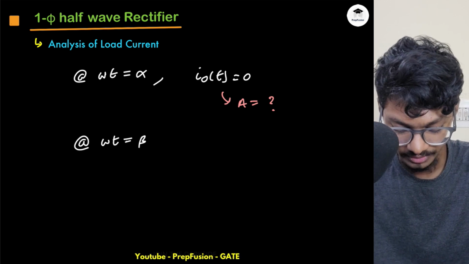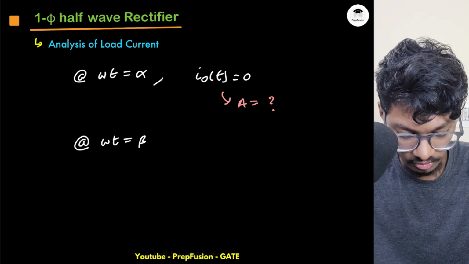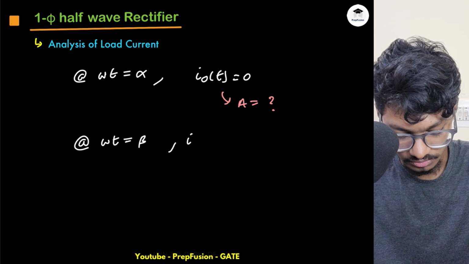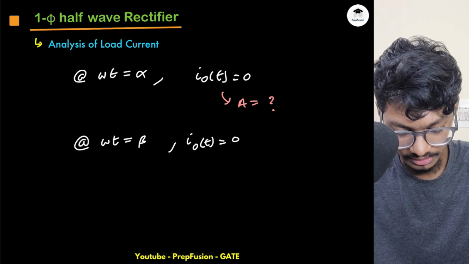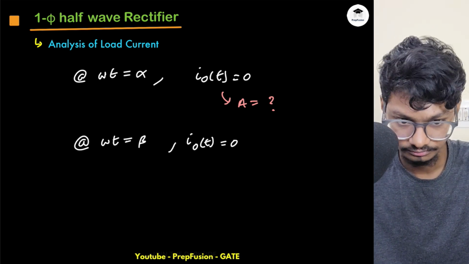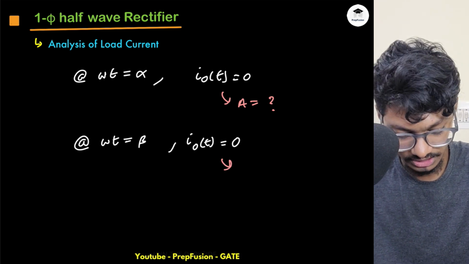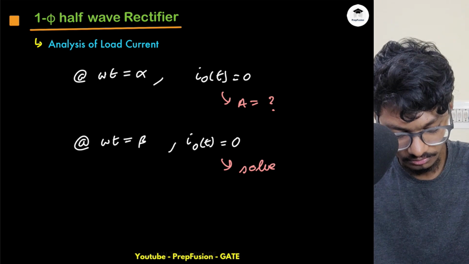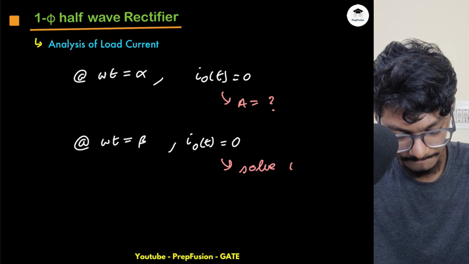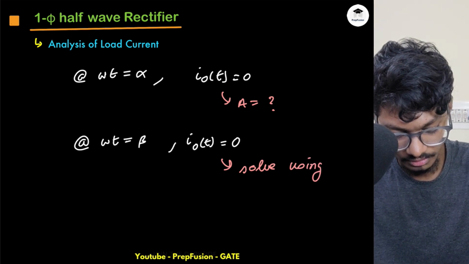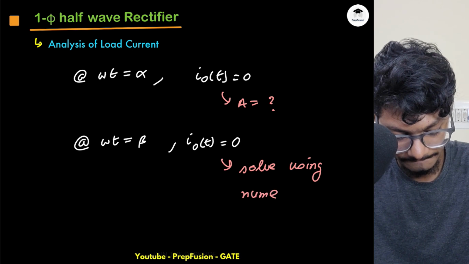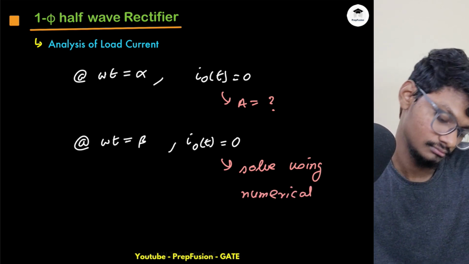At omega t equals beta, what do I know? I know my IO of t will again go to 0. Hence you have to solve using numerical methods.